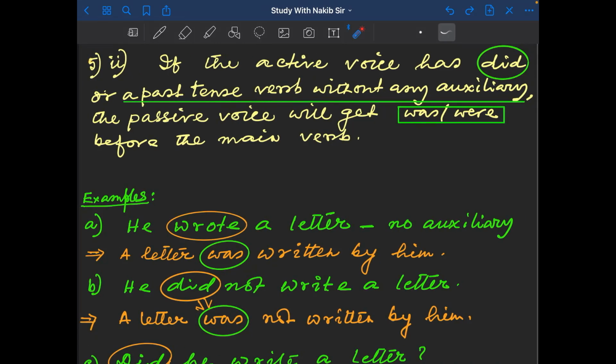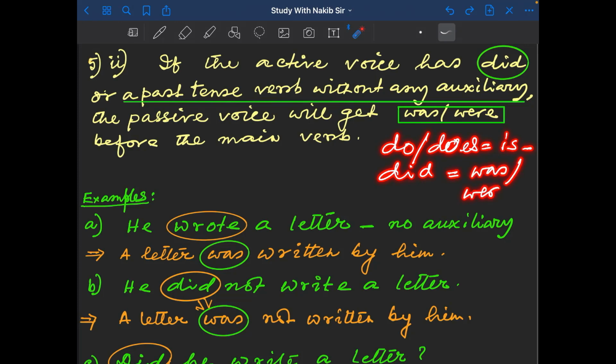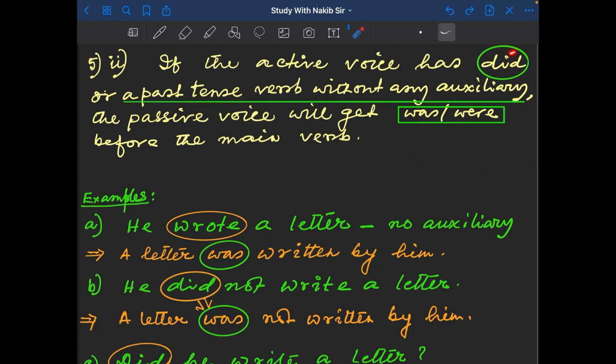If the active voice has did, so did is equal to was and were in the passive voice. So if the active voice has did or a past tense verb without any auxiliary, the passive voice will get was or were before the main verb.